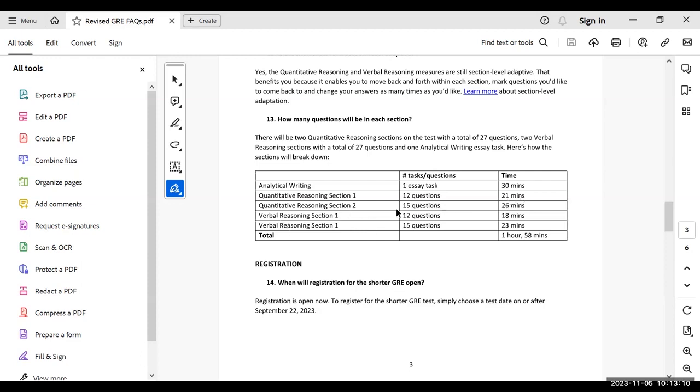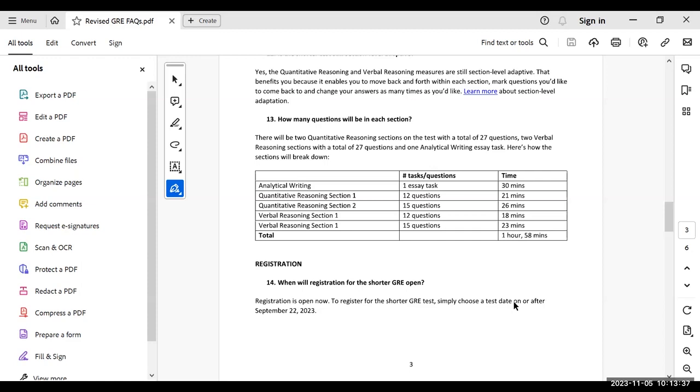In section 2, you have 15 questions, which you have to complete in 26 minutes. In verbal reasoning, the first section will have 12 questions, which you complete in 18 minutes. And the second section will have 15 questions, which you complete in 23 minutes. So 12 questions in the first section and 15 questions in the second section.